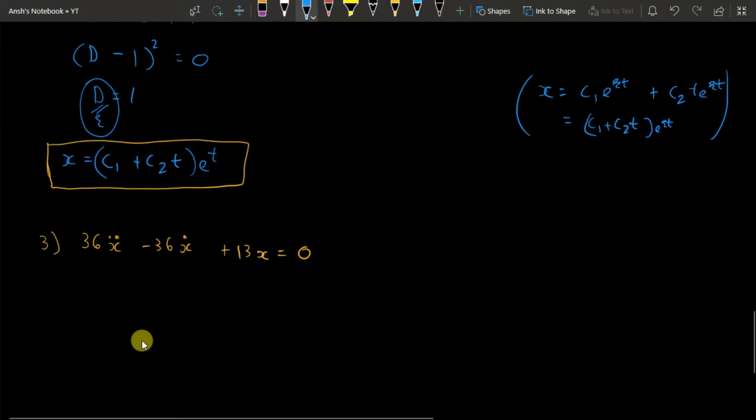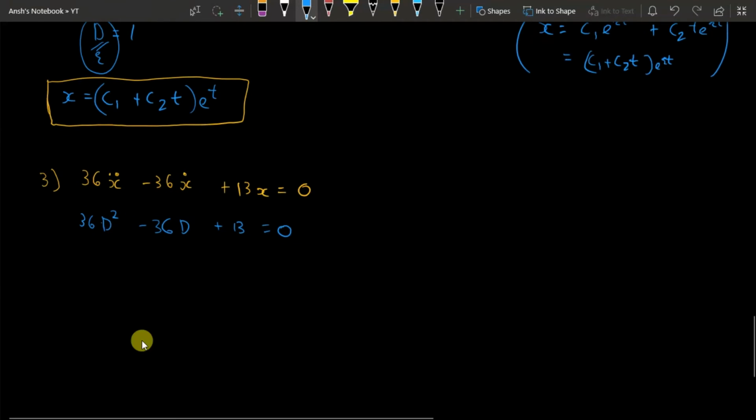Again, let's rewrite x double dot as d square, x dot as d, and just x as nothing, and this will all be equal to 0. So in this quadratic equation, we won't be able to break the middle term down. And I know that beforehand, but if you're not brushed up on quadratic equations, you should give it a go.